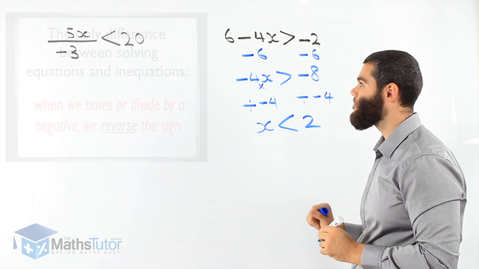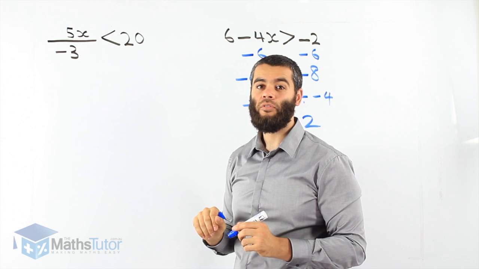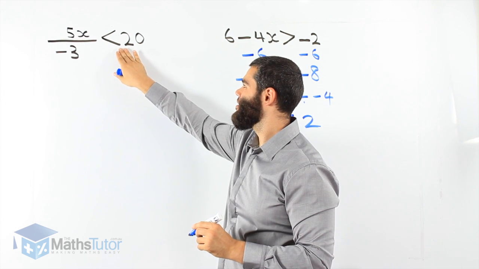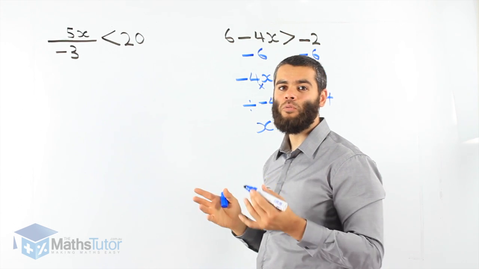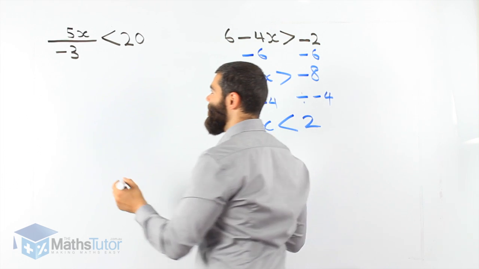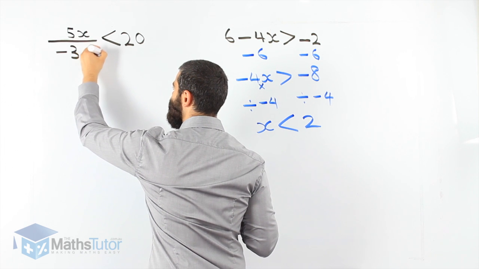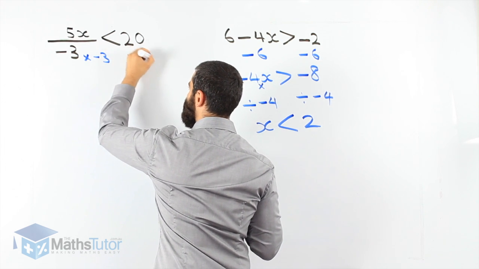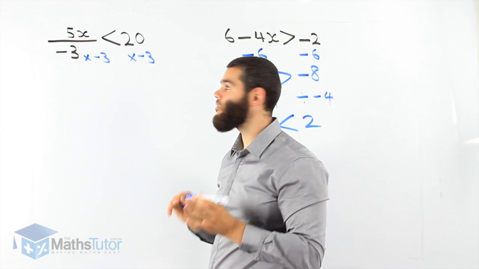Let's do another example. Minus 5x divided by negative 3 is less than 20. Again, we're going to solve it as a normal inequation. 5x over negative 3, times negative 3 on both sides. Again, the rule says if we are multiplying or dividing by a negative, guess what?